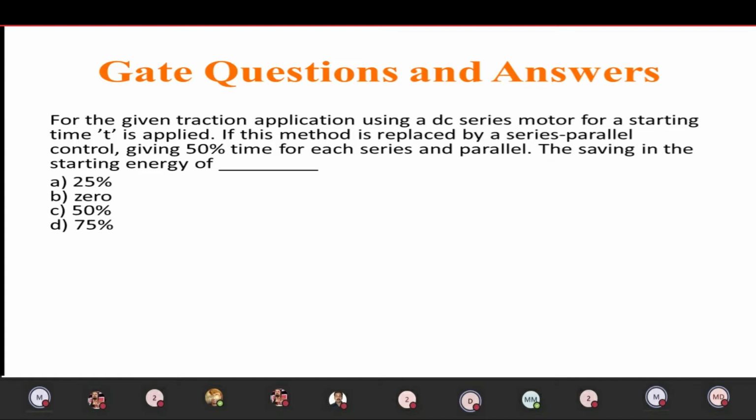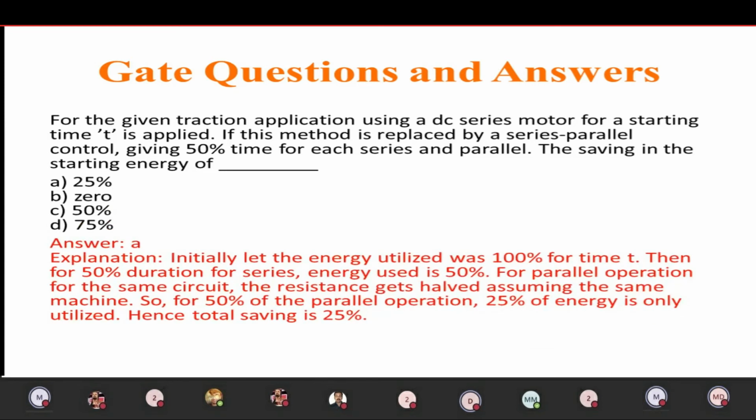Next is the saving in the starting energy. This is our question. We have four different answers: 25 percent, 0 percent, 50 percent, and 75 percent. Initially, let the energy utilized be 100 percent for a time t.